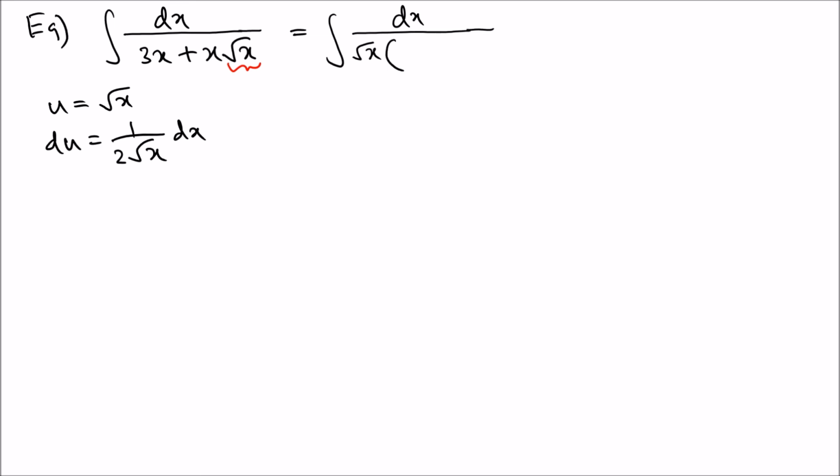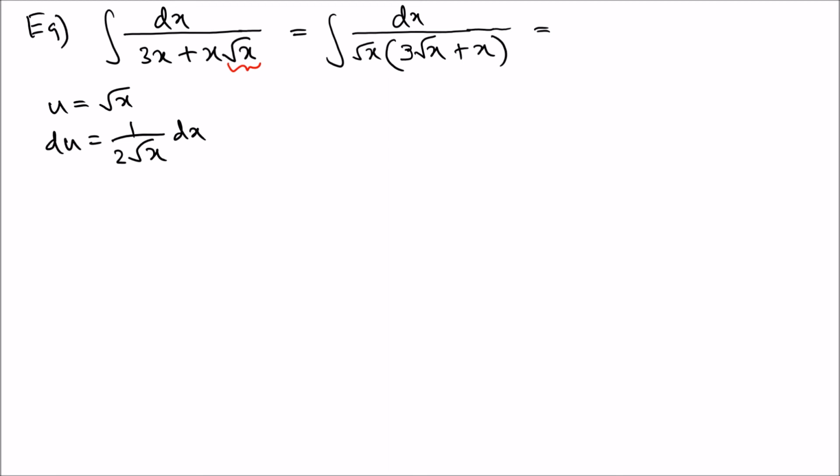That's for the derivative part, and then after that we're going to get 3 square root x plus x. So I pulled square root x from the denominator. Now you can substitute. Once you substitute, dx over square root x means 2 du.